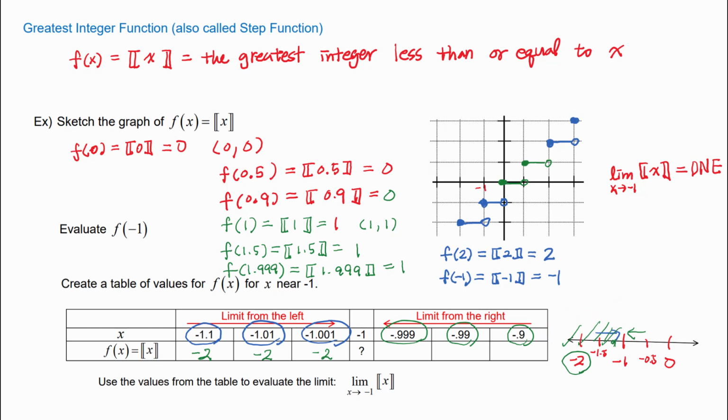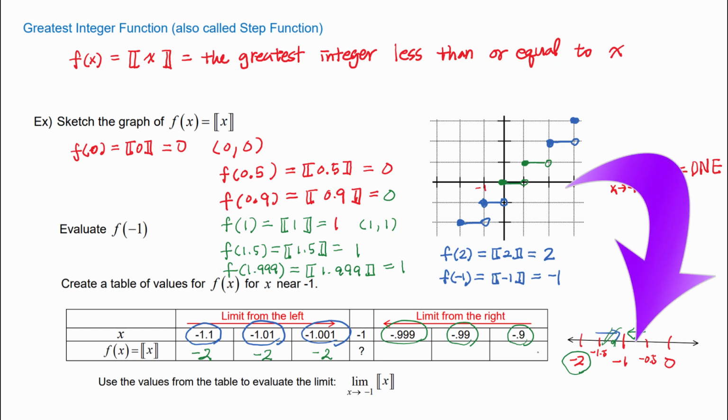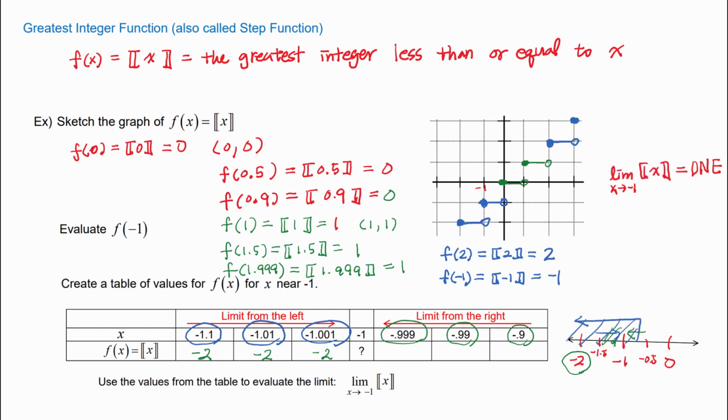How about if x was equal to -0.9? So -0.9 is here. What is the greatest integer less than or equal to this number? It is -1. What if x was -0.99? -0.99 is over here. What is the greatest integer less than or equal to -0.99? That's still -1. What if x was -0.999?